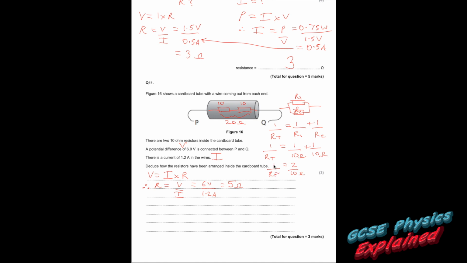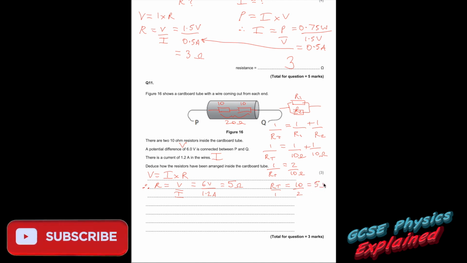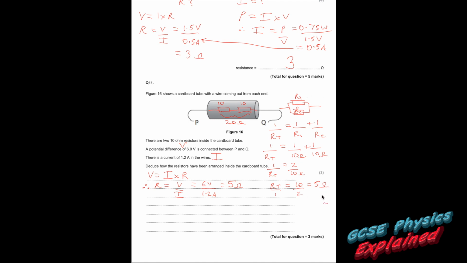So if we flip the left hand side and we flip the right hand side, we'll have R_T over 1, which is just R_T, is going to equal 10 over 2. And 10 over 2 is 5 ohms. So there we go. You don't need to do any of that. But I do like it if you understand where things are coming from.